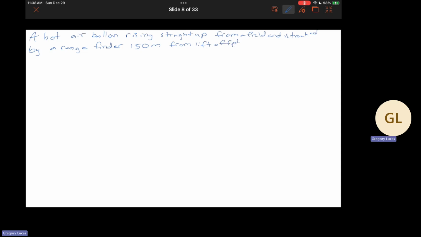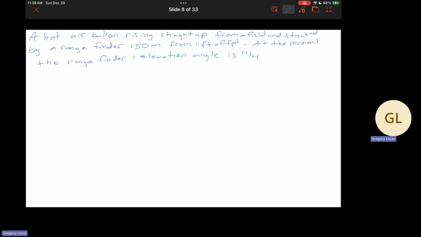At the moment, the rangefinder elevation angle is pi over 4.